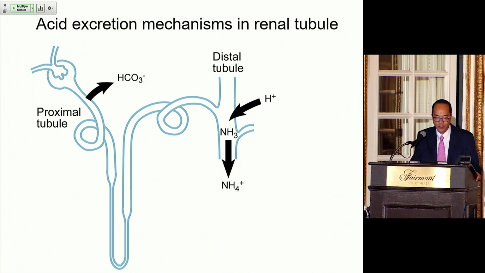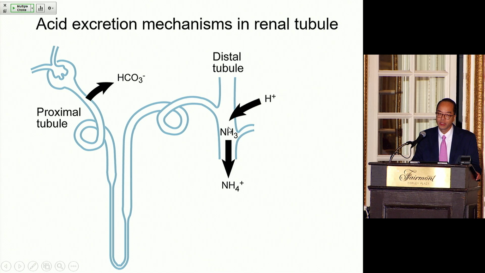So first we have to stem the tide of bicarb loss before we can even remove net acid. And so the role of the proximal tubule is to reclaim as much of that filtered bicarb as possible. Once you've rid the filtrate, the tubular fluid, of bicarb, now you can start secreting acid into it. So in the distal tubule, mainly the collecting duct, hydrogen ions are secreted by the proton pump.